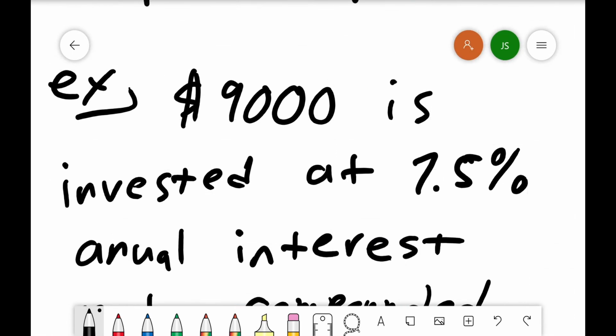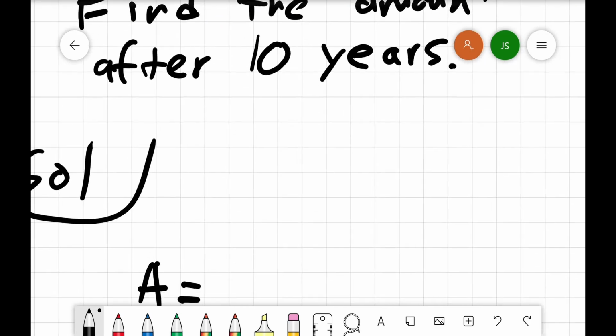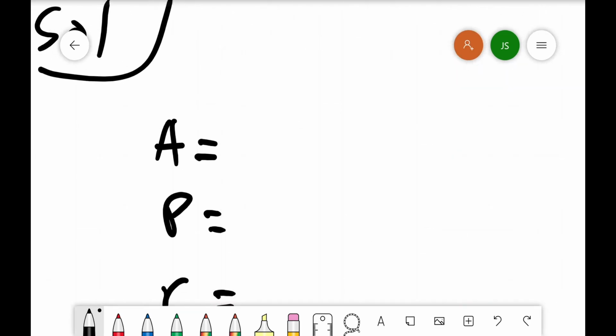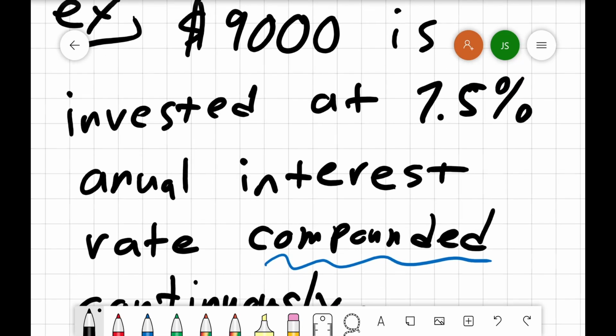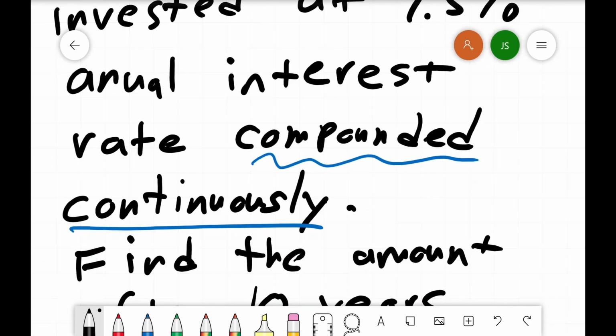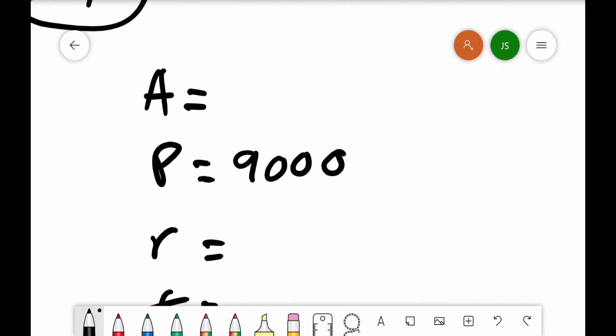So 9,000 is invested. That's the beginning amount, so that's the principal. 7.5% annual interest rate. r is the annual interest rate. Not 7.5 because math people don't like percents.